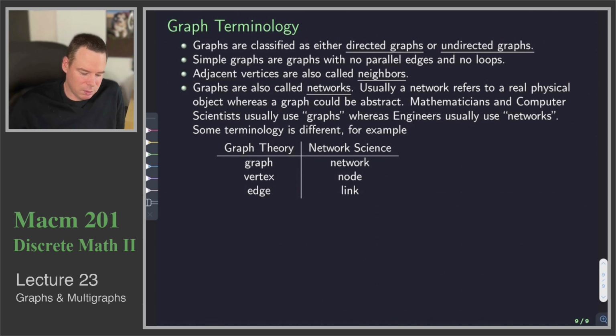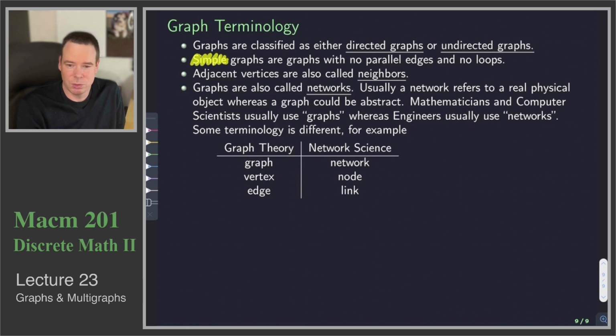So lastly, I want to talk a little bit about some terminology as you may see it in this class, in any of your readings, and also in future classes. Graphs are classified as either directed graphs or undirected graphs. We're going to focus on undirected graphs in this course. Simple graphs are graphs with no parallel edges and no loops. So for us, we're not even going to call these simple graphs.